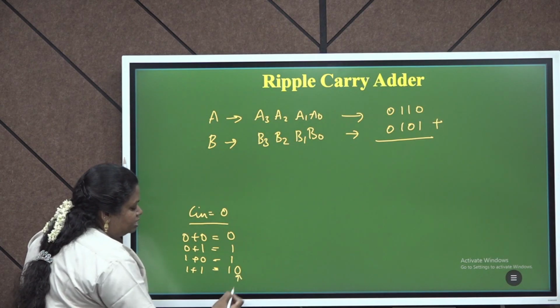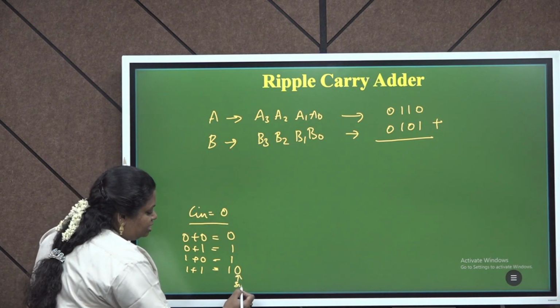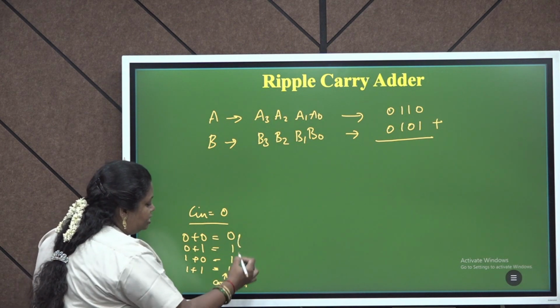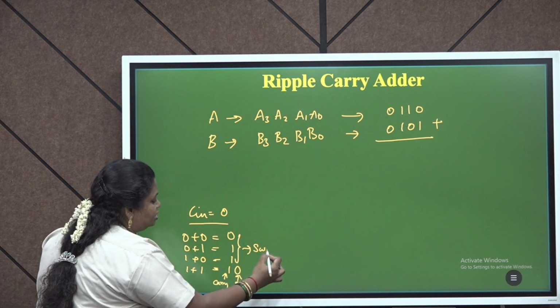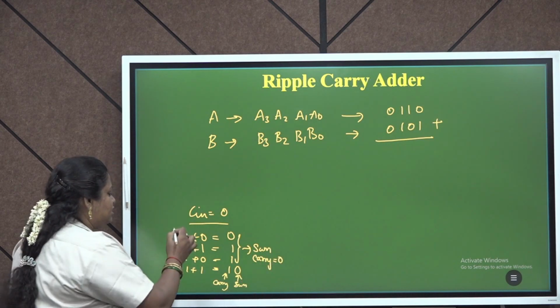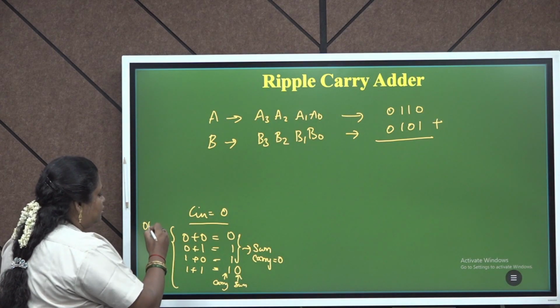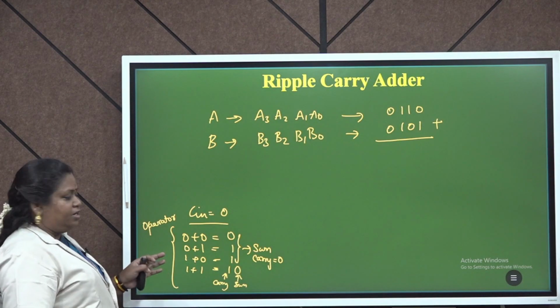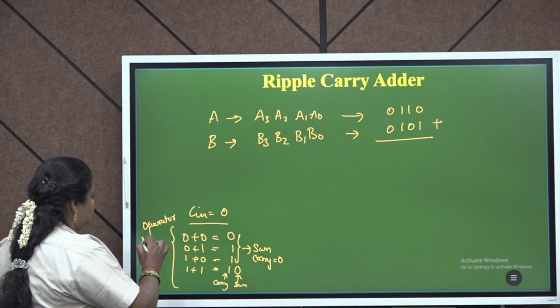This 1 0 means 0 represents the sum value and 1 represents the carry value. Here all these values represent the sum value and the carry will be equivalent to 0. So these are the addition operations used for addition.